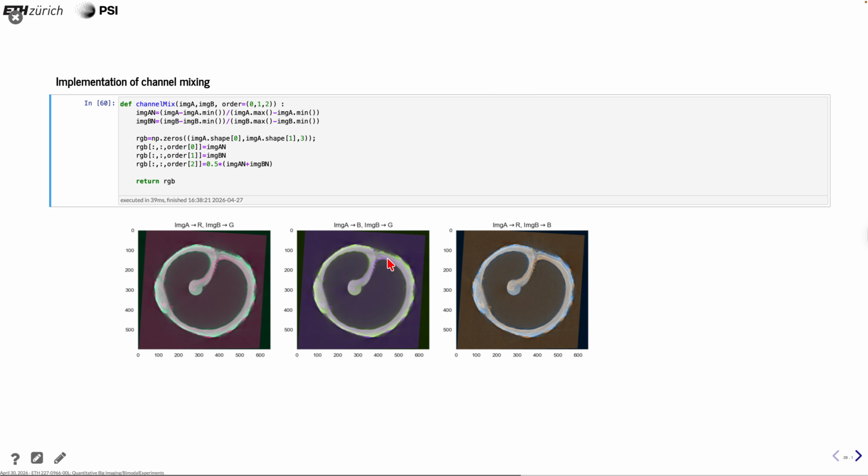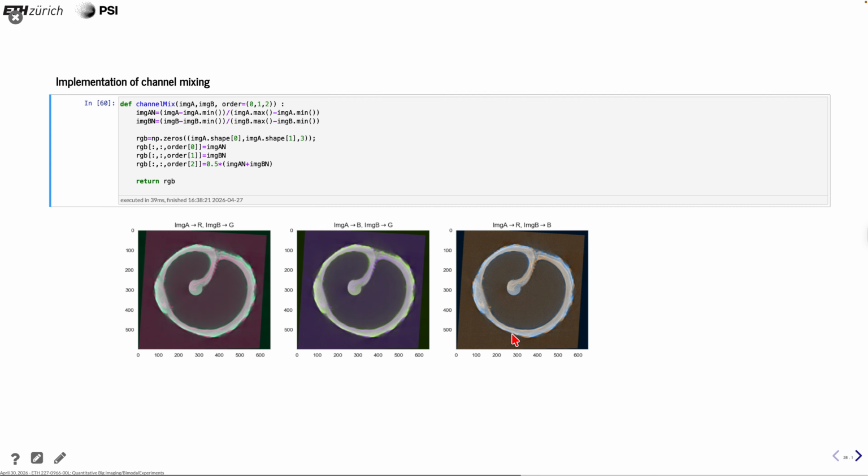Or you can take this one where A goes to blue and B goes to the green. Then you get more bluish color scale. Or you can say that image A goes to red and image B goes to blue. And this is actually a very nice combination if you want to visualize soil and water, because you have the brownish background and you have a lot of blue on the other modality.